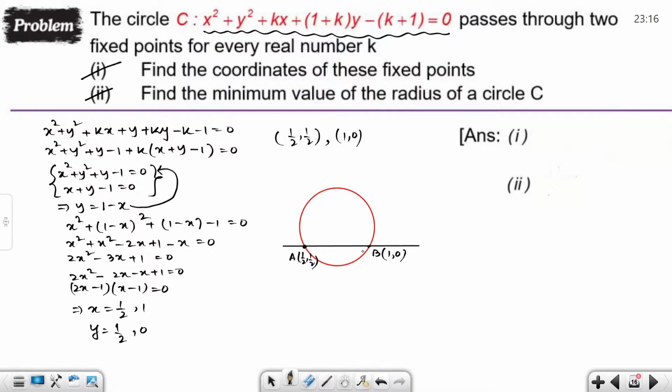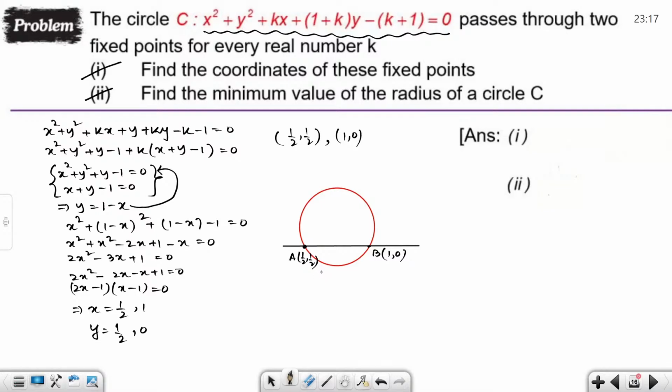Now, through these two points, there are infinite number of circles passing. Now I have to find out the radius of that circle passing through these two given points, whose radius is minimum. Can you please guess what kind of circle they are talking about?